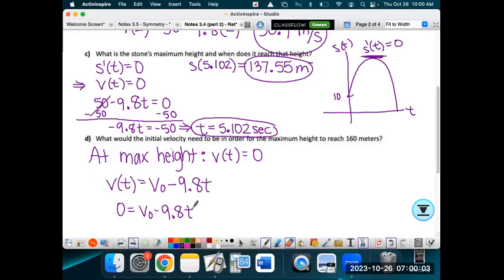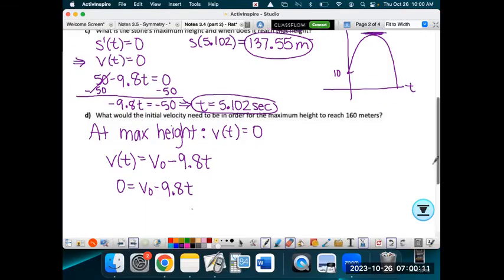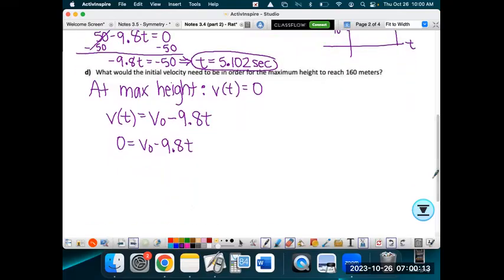And then what I can do is plug that general time into my position function because I know that I want that maximum position to be 160. So subtract v sub 0 to the other side, divide by 9.8.